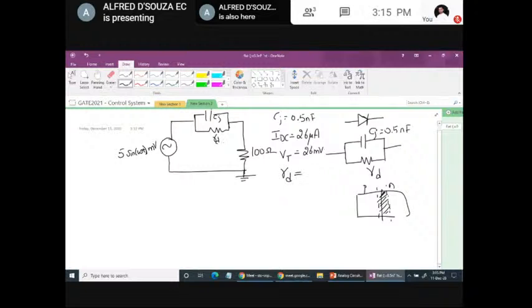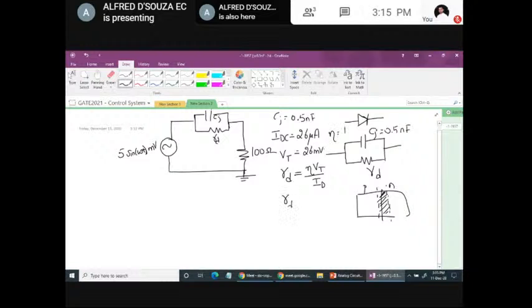You need to remember this equation. Rd is the diode resistance because of the DC current. So the diode static resistance is given by eta Vt by Id, and the eta value is 1.